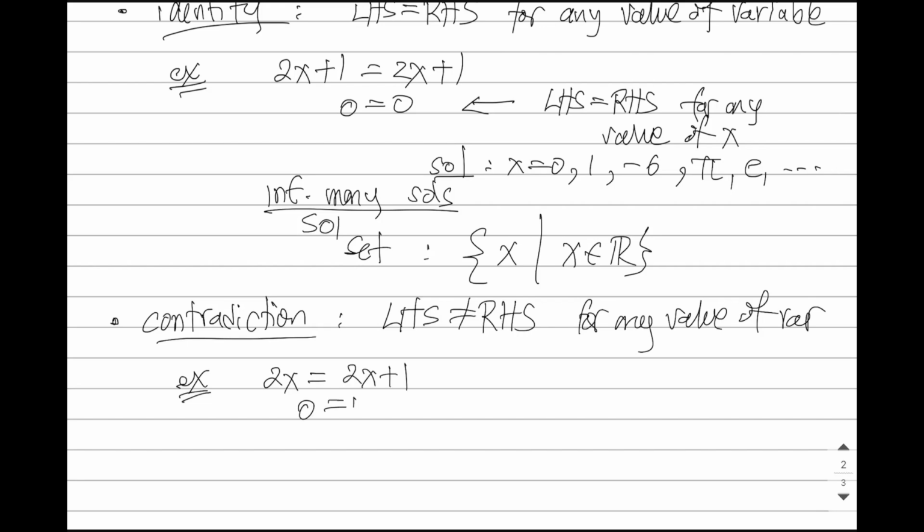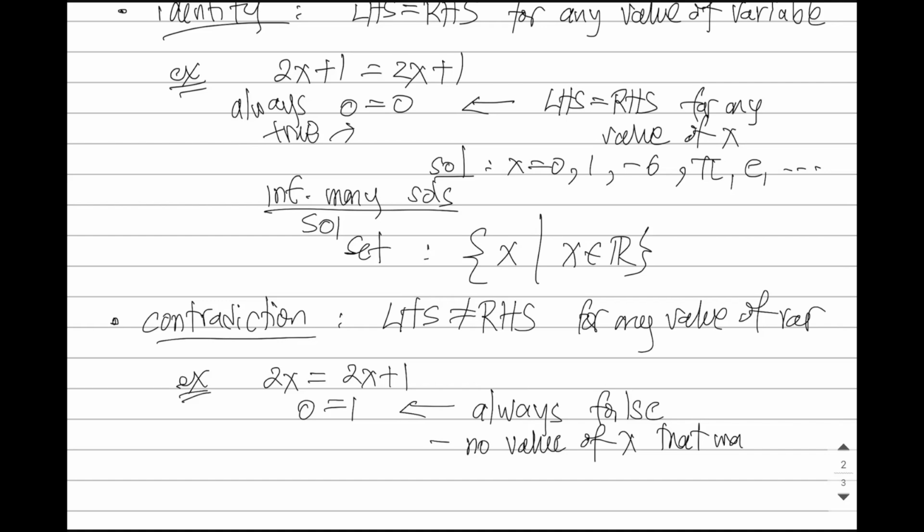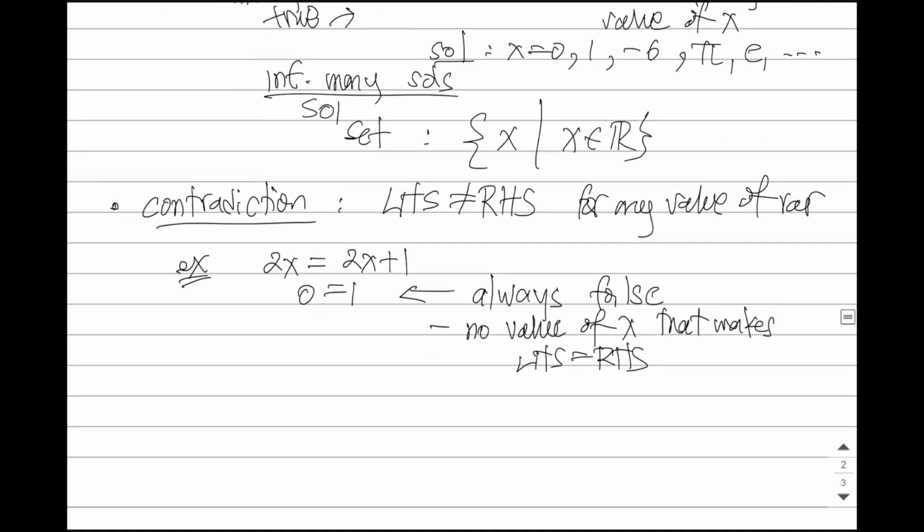The 0 equals 0 above was always true, whereas 0 equals 1 is always false. There is no value of x that makes the left-hand side equal the right-hand side. That means there are no solutions, and so the solution set has to contain nothing. The solution set is empty.